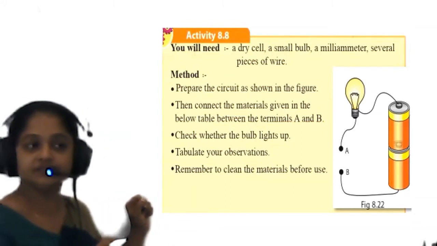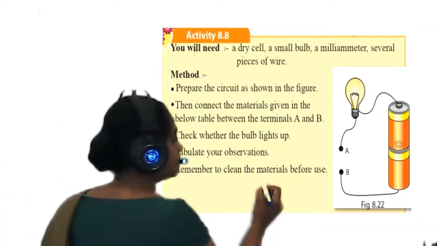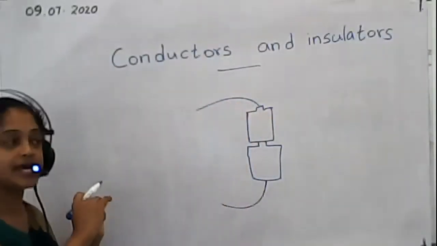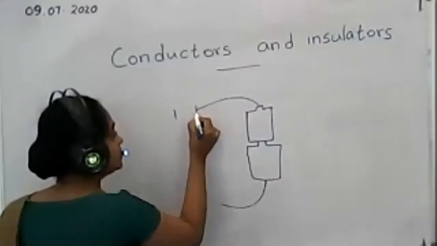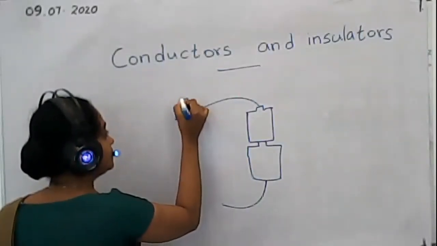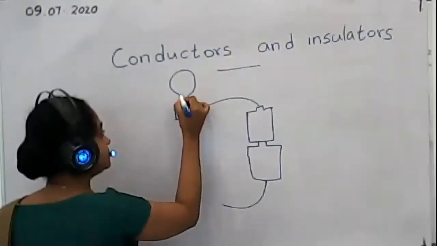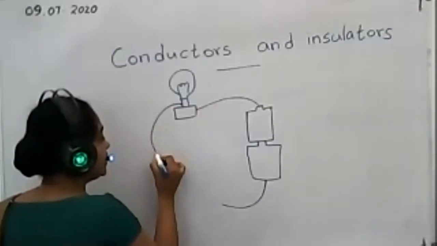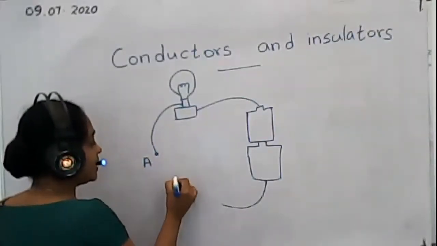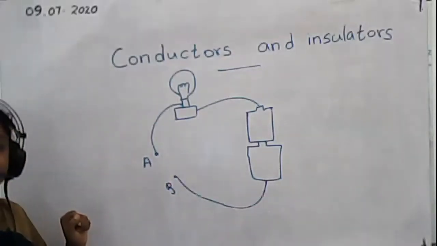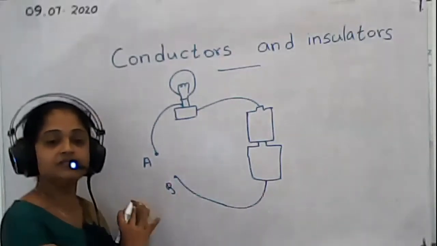These are the connective wires, and they have to be connected here. This is a simple bulb, a small bulb we have to take. There are two ends, A and B.